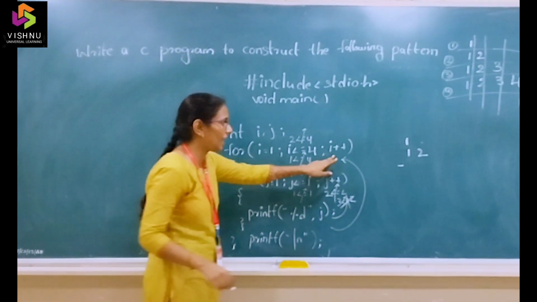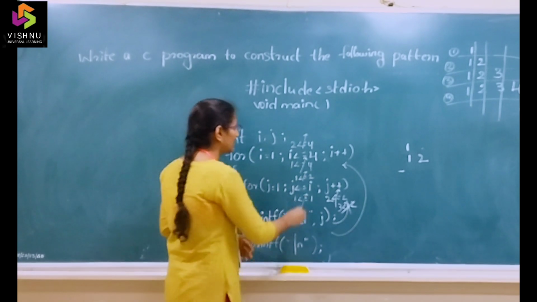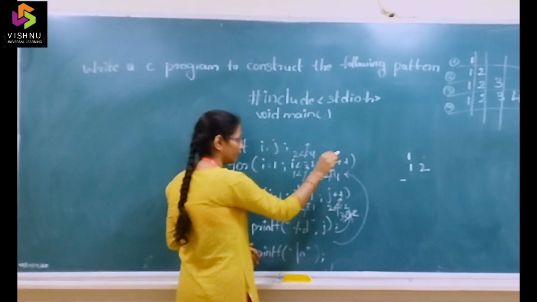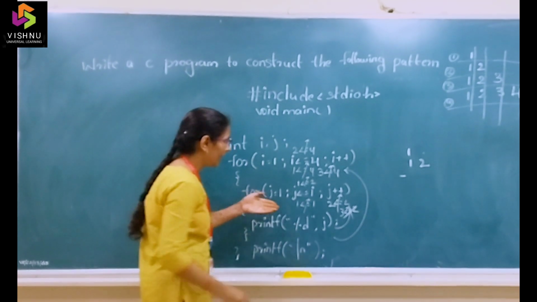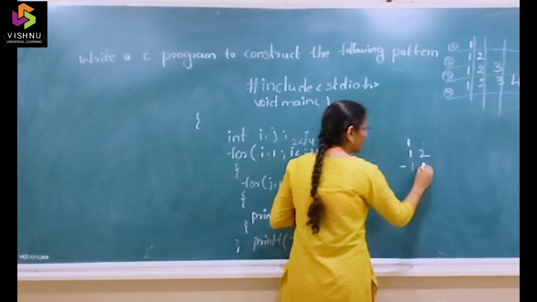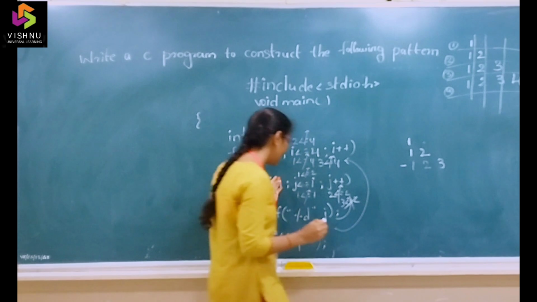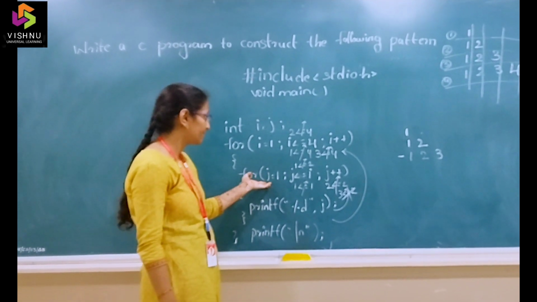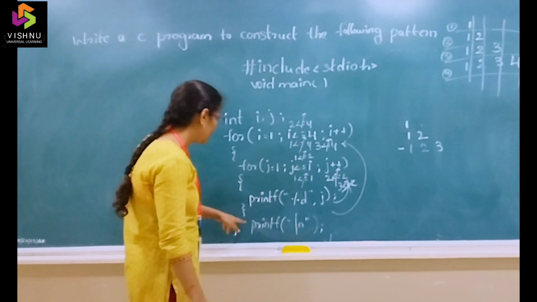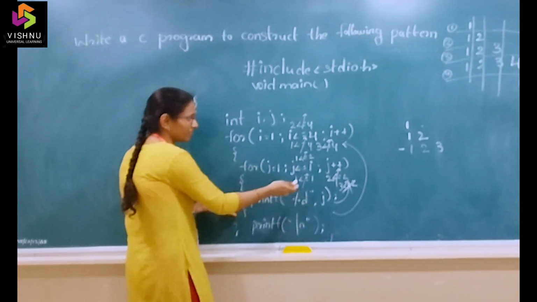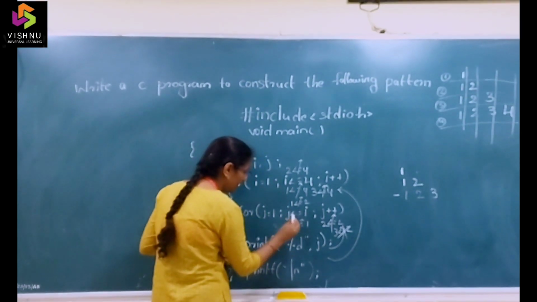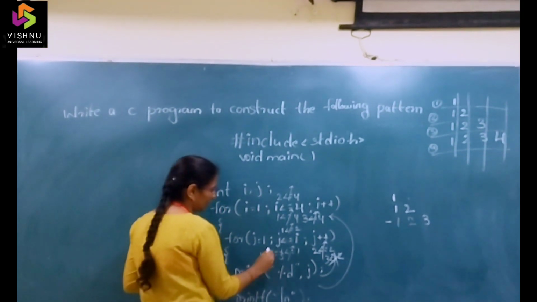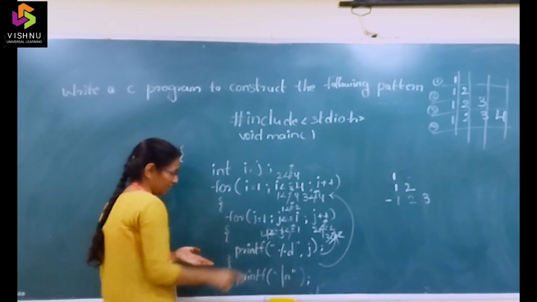It increments the value of i. i value becomes 3. 3 less than or equals to 4, which is true. It enters the for loop. It prints the j value as 1, 2, 3. Next, the condition fails: 4 is less than or equals to 3 is false for j.